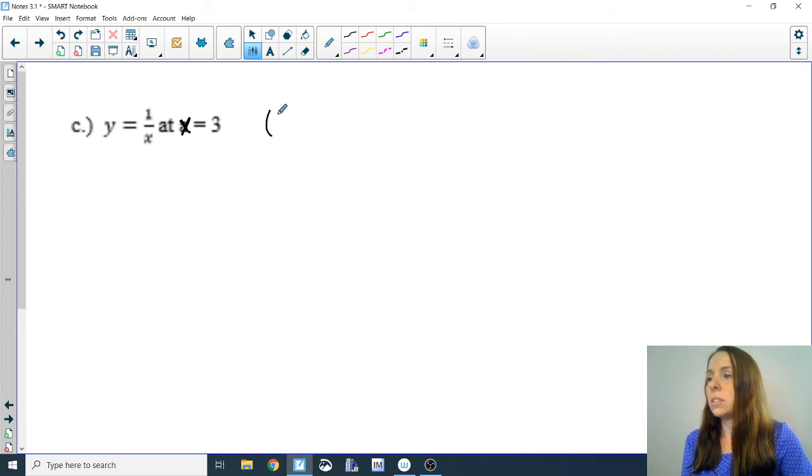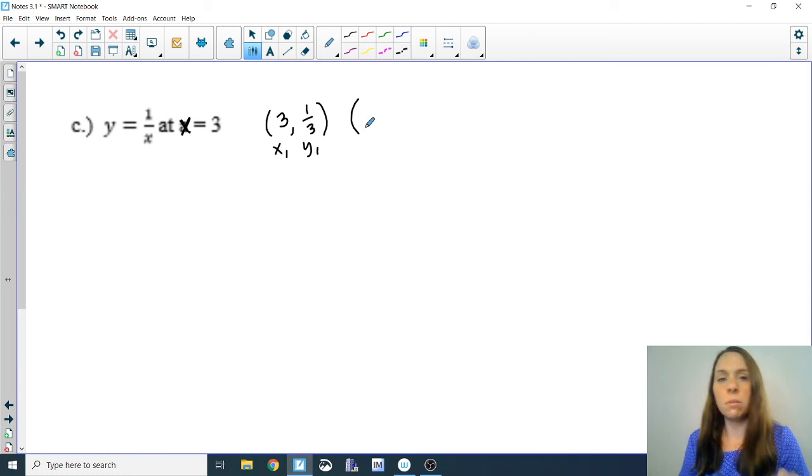Okay, so let's set up our ordered pairs. 3 comma, sub 3 in, and you get a third for the y coordinate. Here's your x1, y1. If you remember that that's what you need to do to start, and not all teachers teach it like this, where we set up the ordered pairs and then move into the formula, or the definition of derivative. Some teachers just say, let's jump straight into that definition.